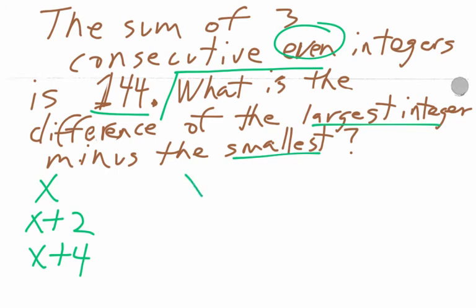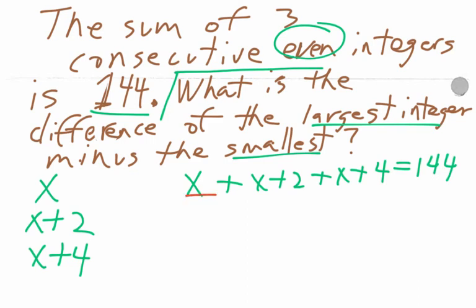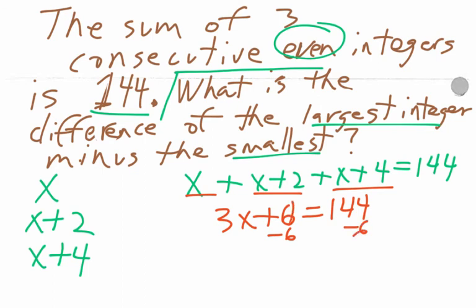So I'll take those 3 integers and add them together. Set that equal to the sum, which is 144. So when we solve this is the easy part, right? First integer, second integer, third integer. We get 3x plus 6 equals 144. Subtract 6. 3x equals 138.